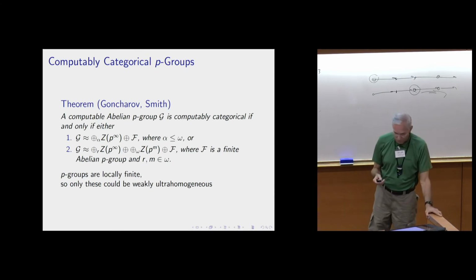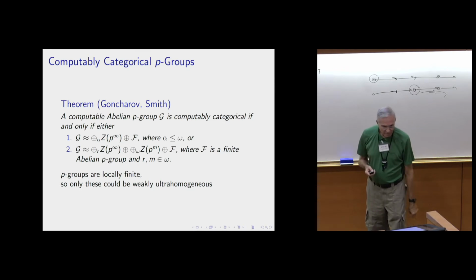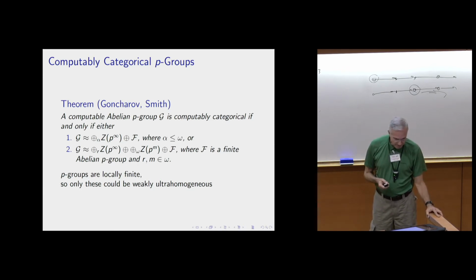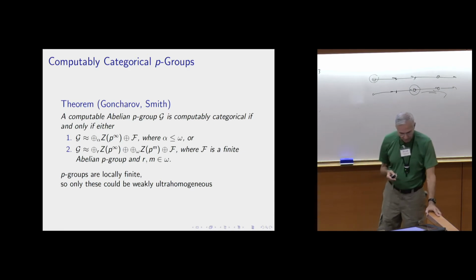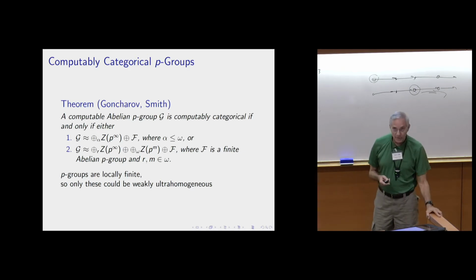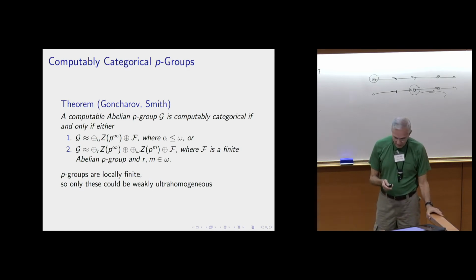Goncharov and the group characterized the computably categorical abelian p-groups as consisting of arbitrary copies of the divisible group together with a finite group, or finitely many copies of the divisible group together with infinitely many of a particular cyclic group, and then some other finite group.